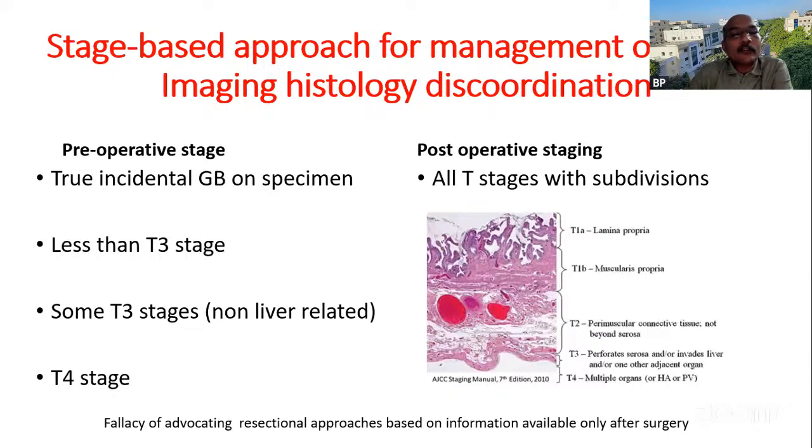This is what is going to happen at the ground level: tumors are less than T3 stage, and some are T3 and some are T4. That is what we finally get. But in the histopathology, we will get clear information, and we want to derive prospective strategies based upon what we can achieve only through histology. That is one of the problems we find when we talk about aggressive strategies in carcinoma gallbladder.